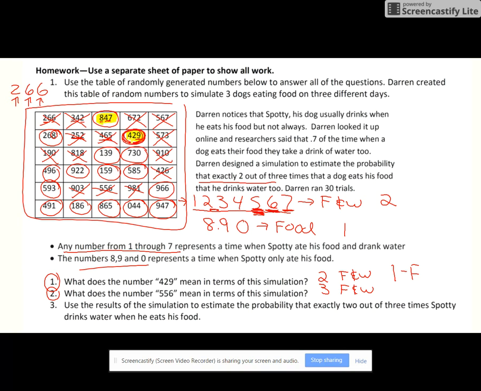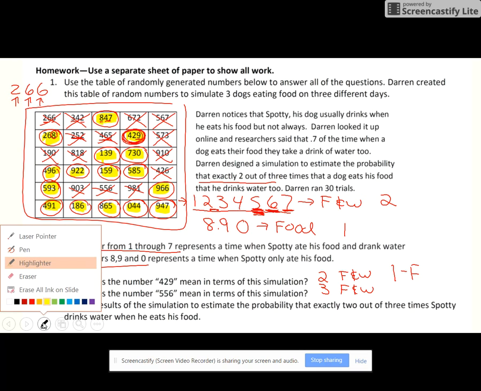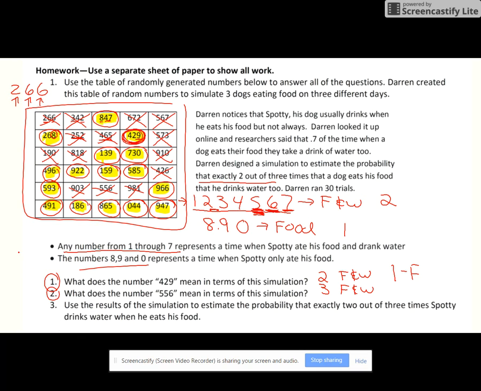So 1, 2, 3, 4, 5, 6, 7, 8, 9, 10, 11, 12, 13, 14, 15, 16. So we got 16, and it's out of how many there are, which is 30 of these boxes. It's a 5 by 6 box. So it'd be 16 out of 30, which we can reduce to 8/15. So the answer to number 3 is 8/15.